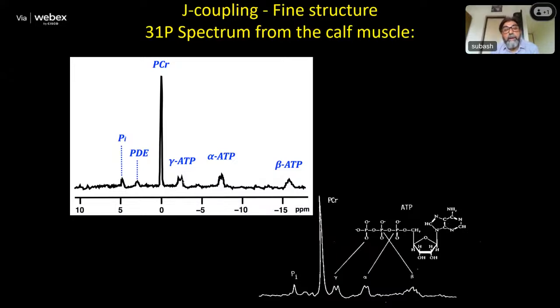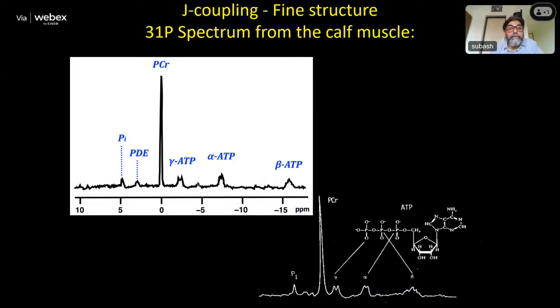So you have doublets from gamma ATP and alpha ATP. But if you look at the central phosphorus, it has two adjoining phosphorus atoms, so it will have three peaks. So this beta ATP gives you a triplet, which is shown over here. You can see a much more resolved triplet here, and doublets here in these two, alpha and gamma ATPs.